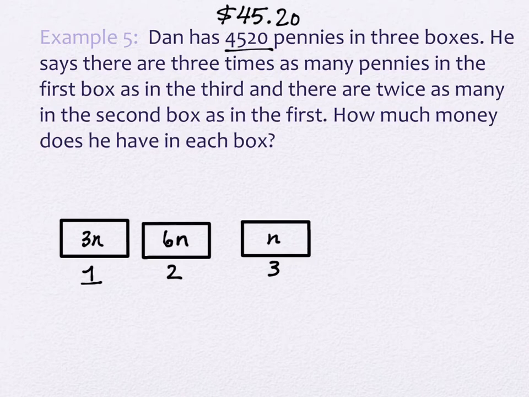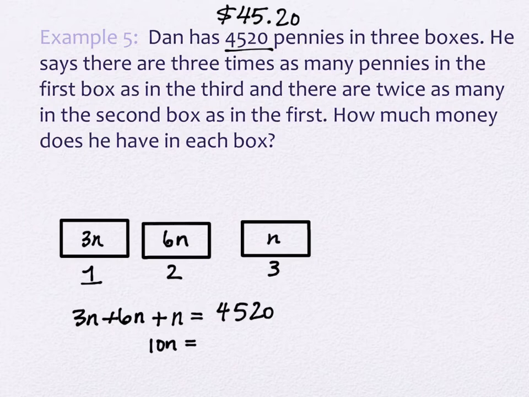All right, and then it says all these boxes have a total of 4,520 pennies in them, right? So if I combine these all together, 3N plus 6N plus N, I have to equal 4,520 pennies. So what is 3N plus 6N plus N?